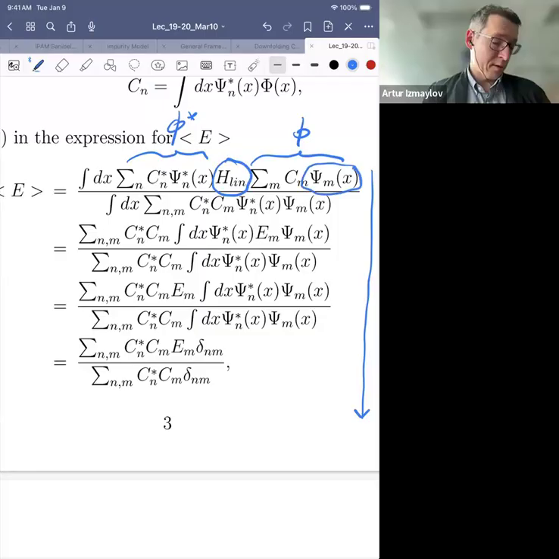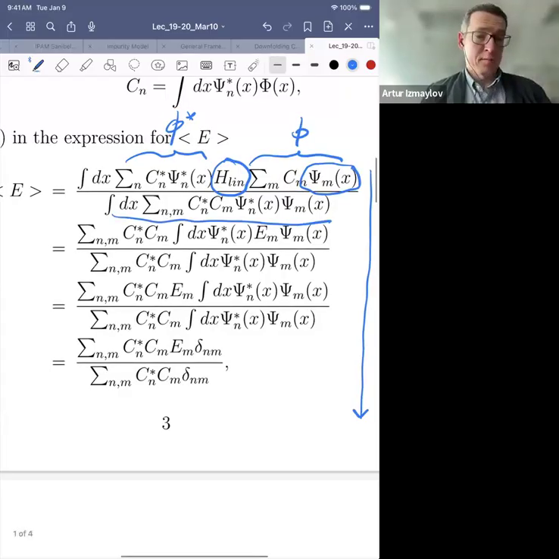Now, one question for checking whether you can follow the material: why are the eigenstates we have orthonormal? And maybe let's ask a simpler question, what does orthonormal mean?